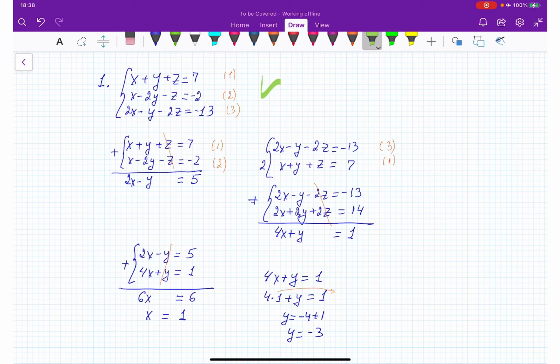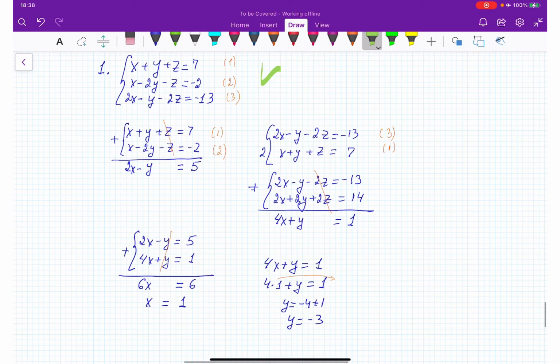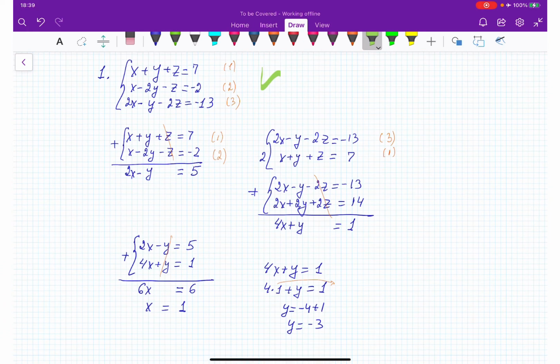The easiest one is the first one, right? x plus y plus z is equal to 7. You can mark this one 4 and this one 5 so you can understand.